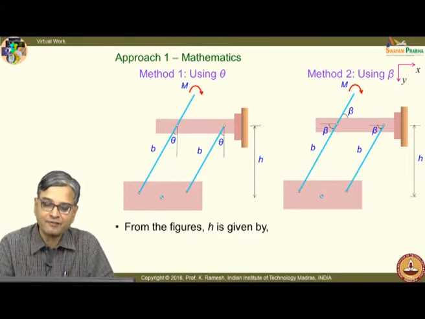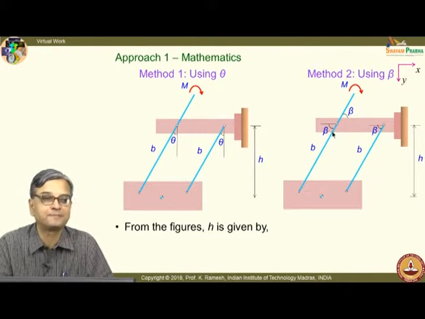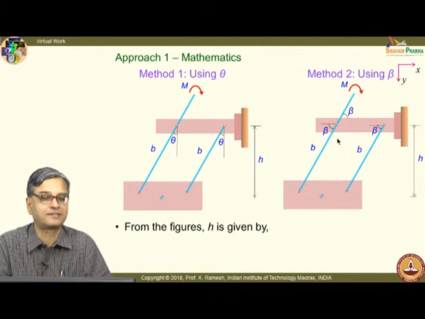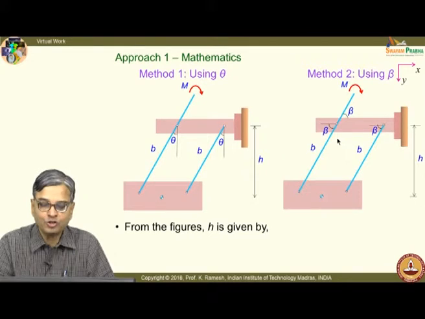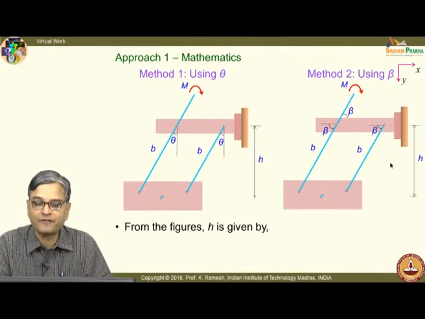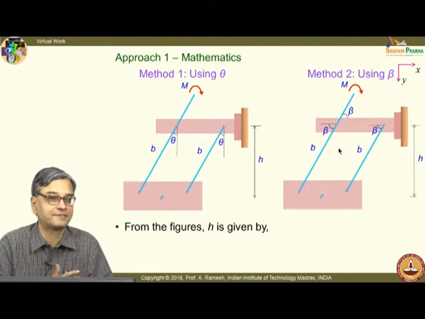Suppose I have given you the problem statement with independent variable as beta, because what we have learnt, when I have a single degree of freedom system, I need one independent variable to define the configuration. I can choose any angle to define the configuration. I can refer it with respect to the horizontal, I can refer it with respect to the vertical. It should not make a difference.